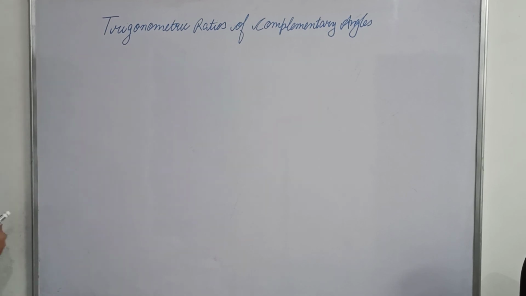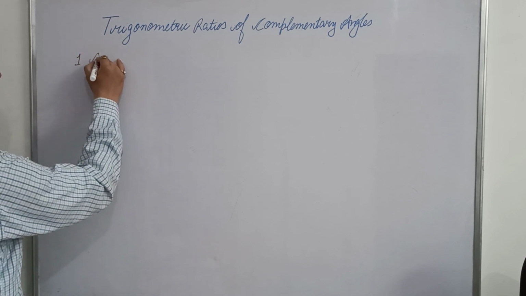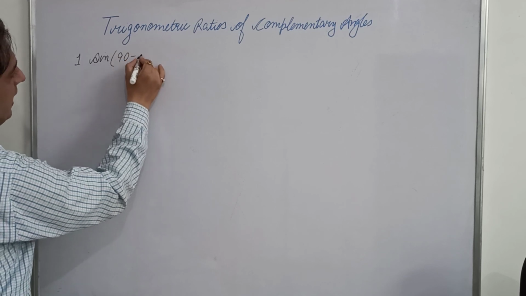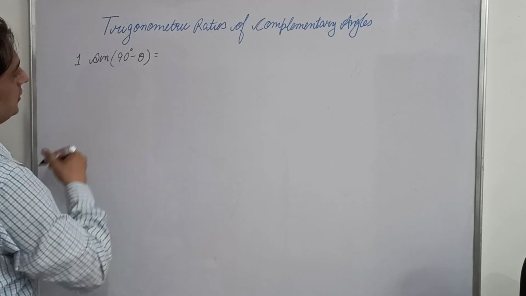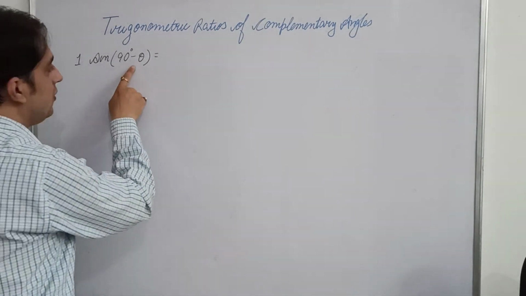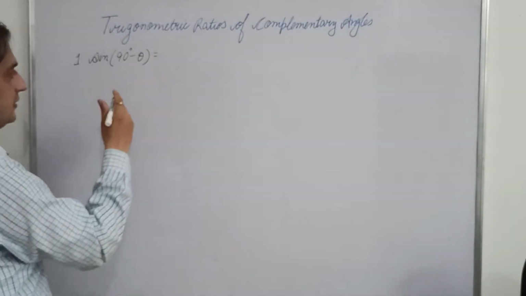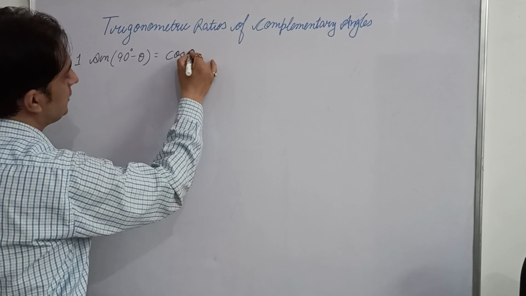Now we summarize the T ratios of complementary angles. First is sine of 90 minus theta, meaning an angle subtracted from 90 degrees. What is the complementary angle of 90 minus theta? That is theta, so you can write this T ratio is equal to the cosine of angle theta.